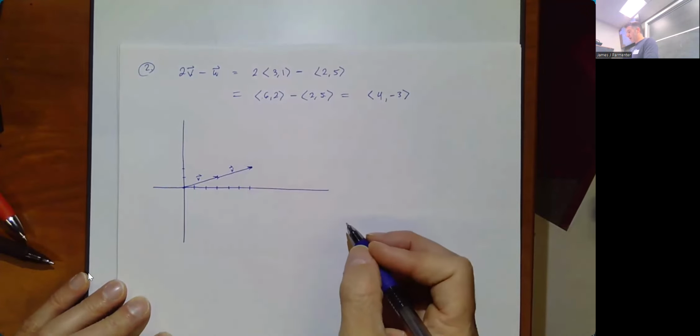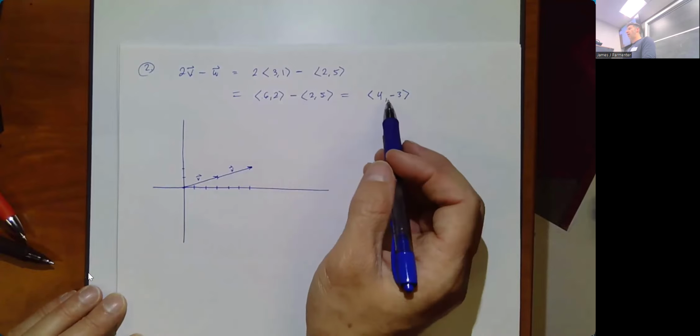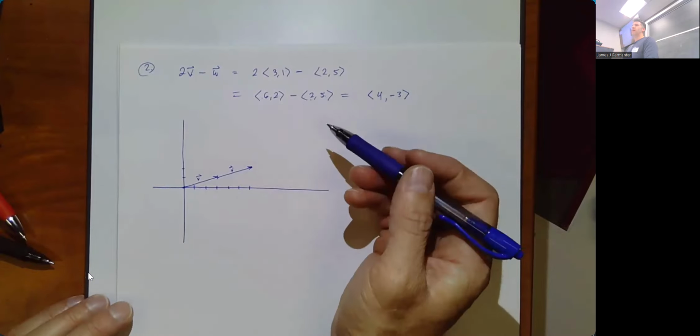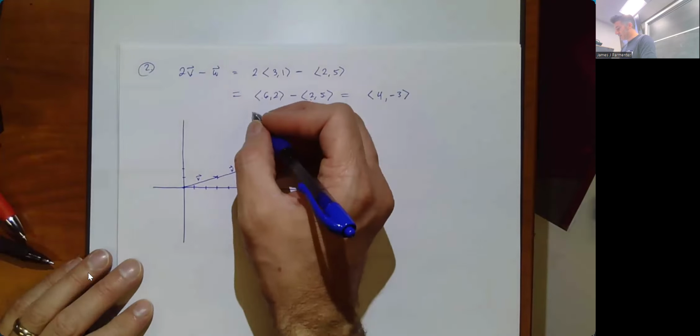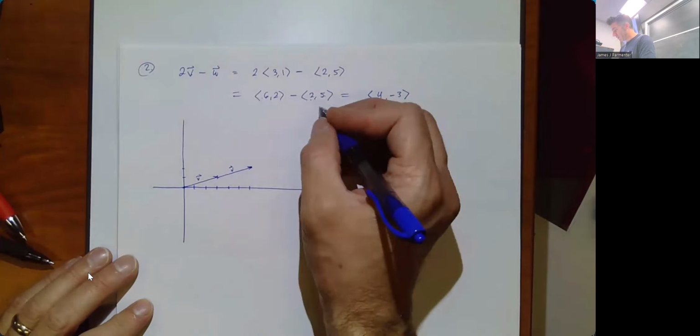And then from there, I'm going to subtract off 2, 5. I'm not good at subtracting with vectors. What I would encourage you to think of instead is this is really, at least graphically, the vector 6, 2 plus the vector -2, -5. That's the way I'm thinking of it when I'm trying to draw it.